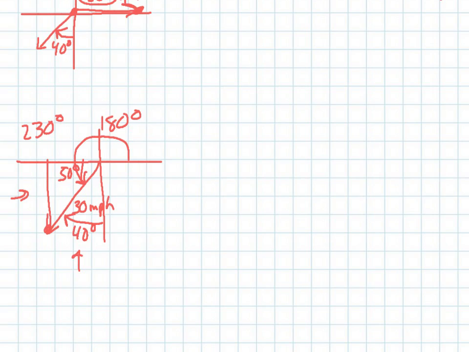So if I plug in my magnitude, 30 times cosine of 230, into my calculator. Make sure, because last unit we were basically all in radians, that your calculator is changed to degrees. Cosine of 230 gives me negative 19.28.